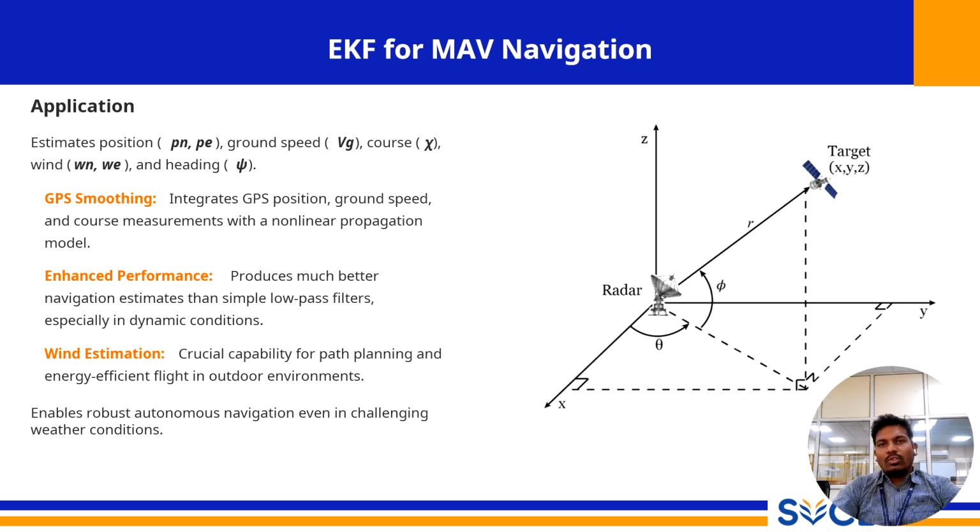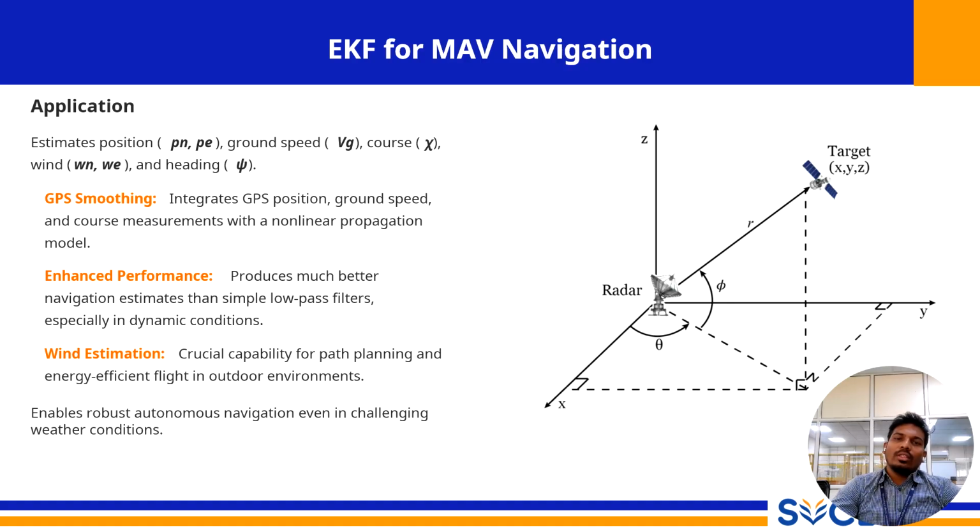It includes the MAV's position in north and east coordinates, its speed and direction of travel over the ground, the north and east components of the wind vector, and its heading angle. By estimating all these states simultaneously, the filter can build a complete picture of the MAV's situation.